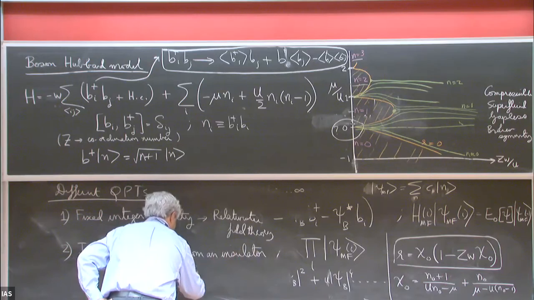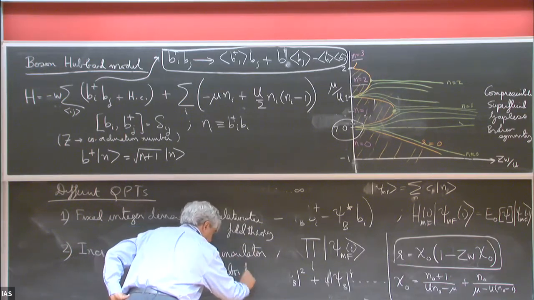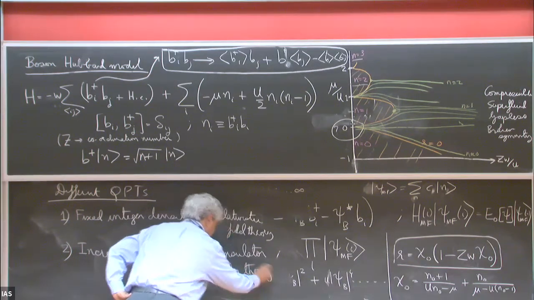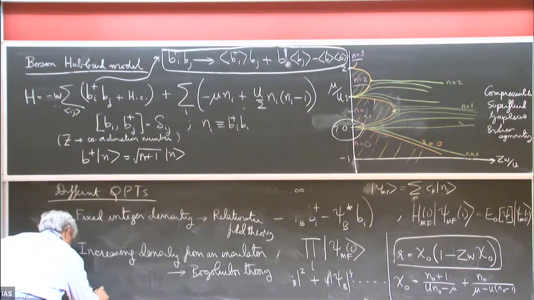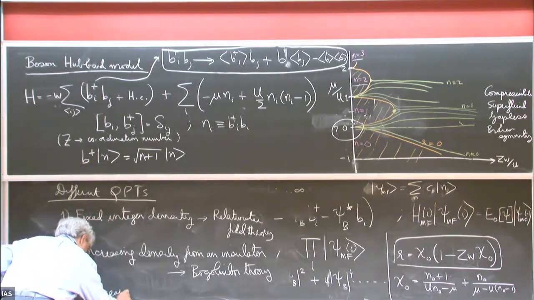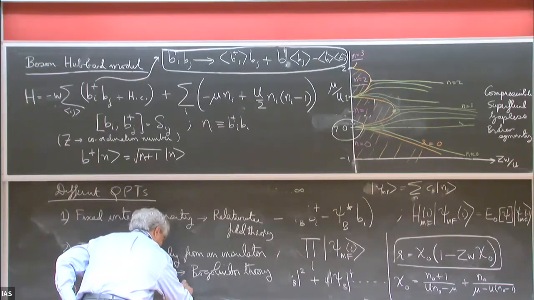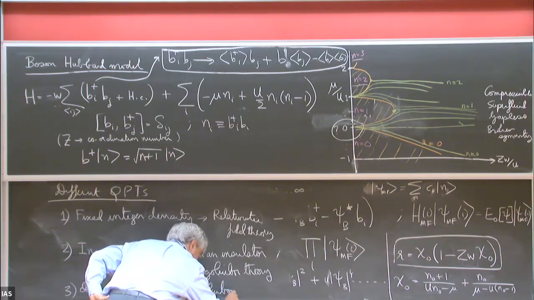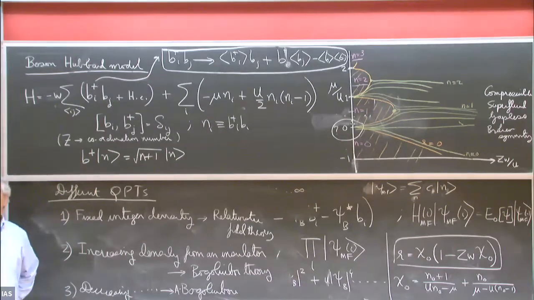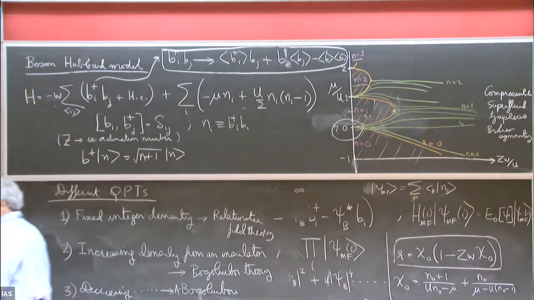And that will turn out to be the Bogoliubov theory. There's also decreasing density. And that turns out to be the anti-Bogoliubov theory, if you wish, of holes. Okay, so yeah, there's plenty of time. I think hopefully I can show these things before we're done today.